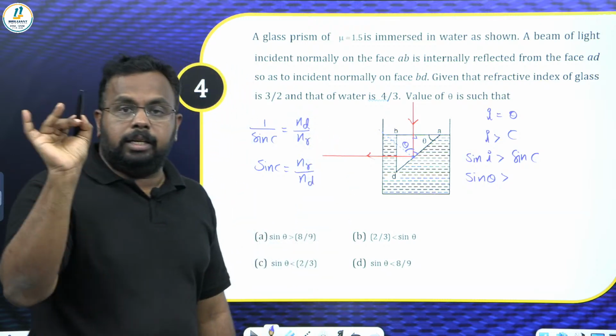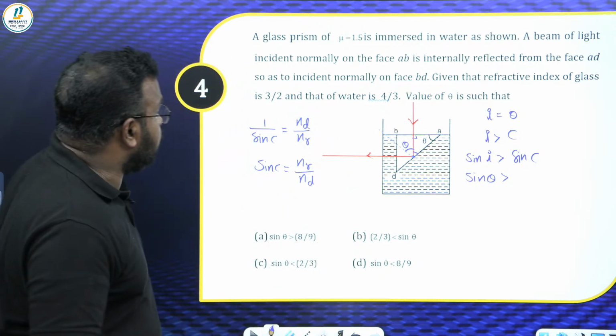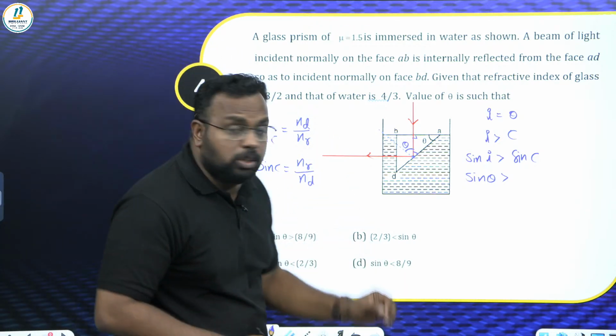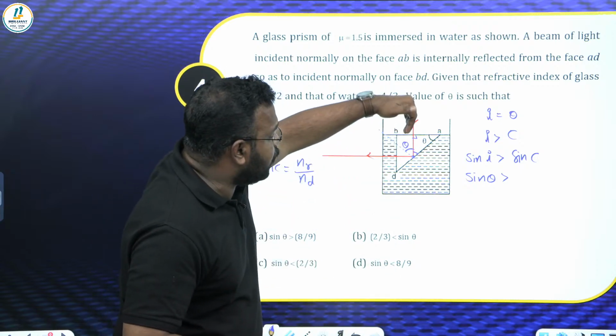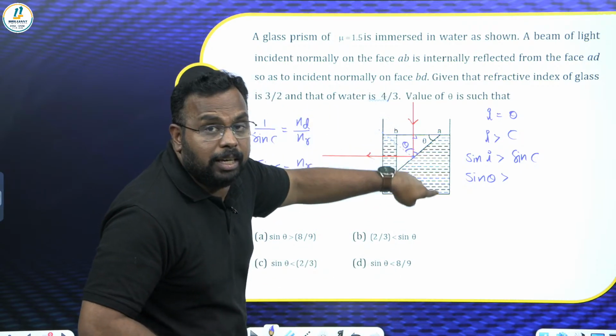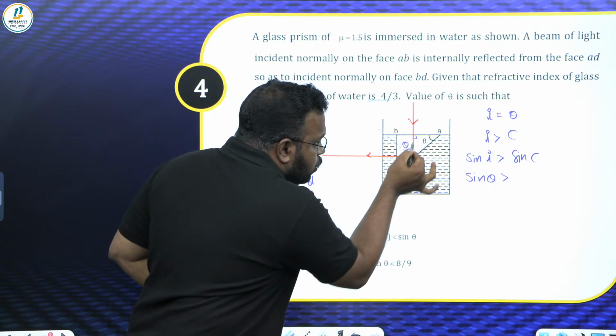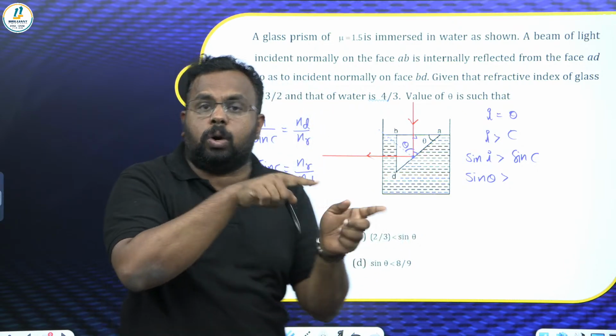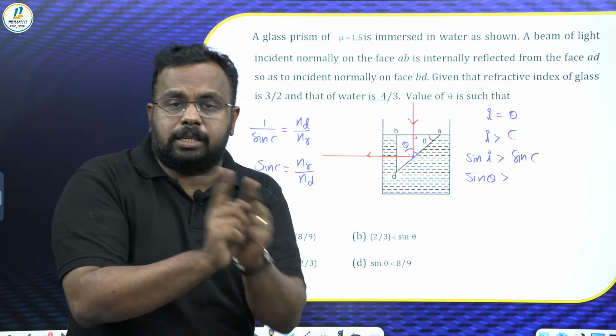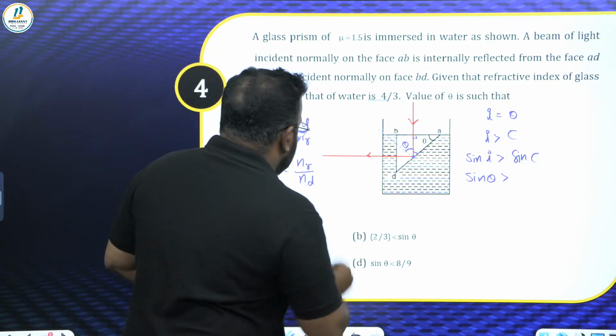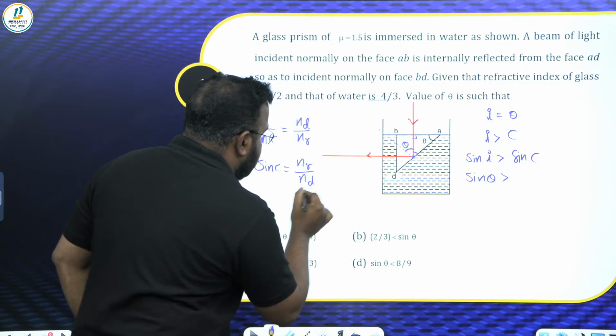What is NR? It is the refractive index of the rarer medium. Please note that here the rarer medium is liquid, because TIR is happening here. The ray is traveling from glass to water. So glass is denser and water is rarer. What is the refractive index of water? 4/3.